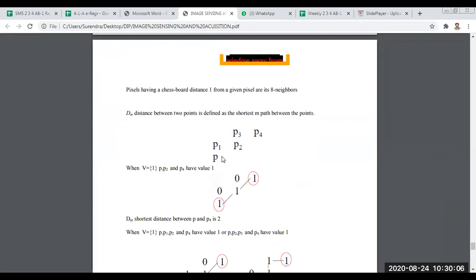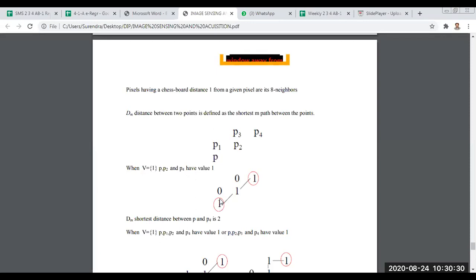I am taking the set value V equal to 1. V equal to 1 means that in this arrangement P, P2 and P4 have value 1, and the remaining are all 0.